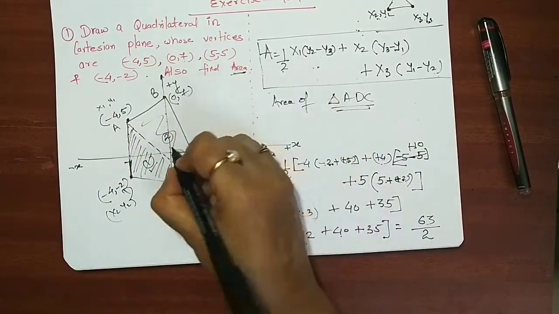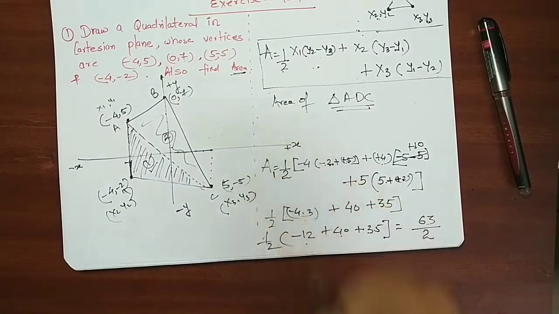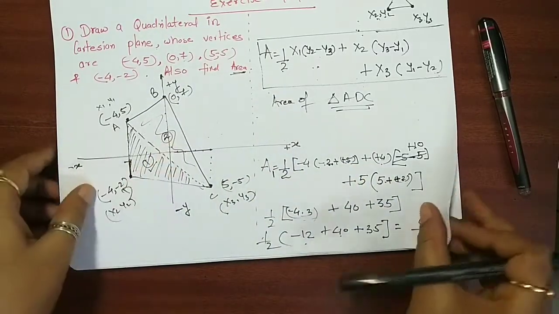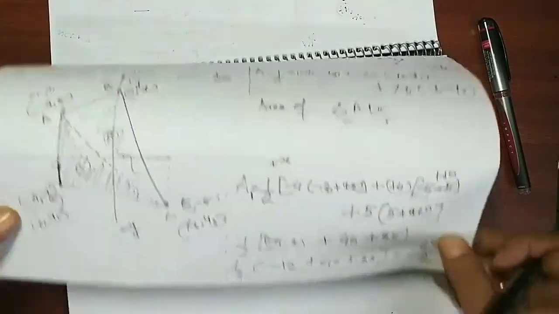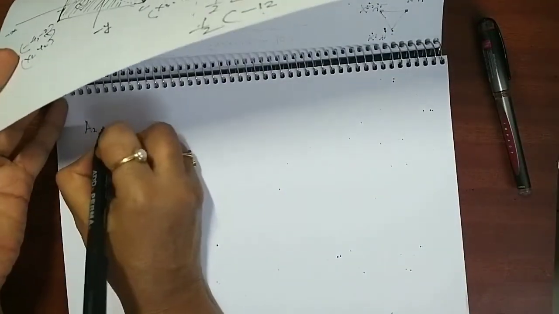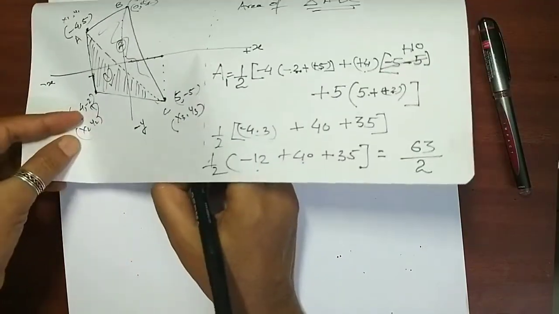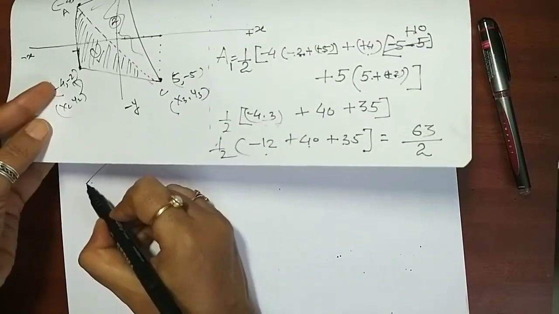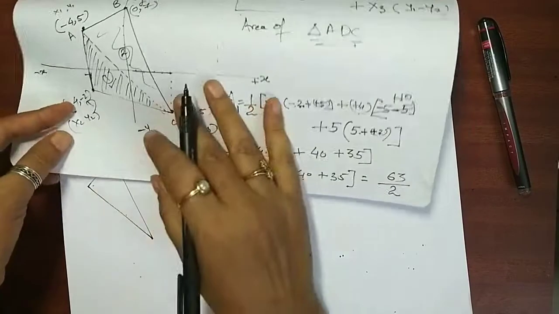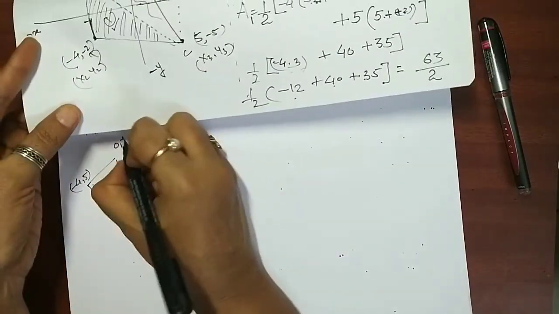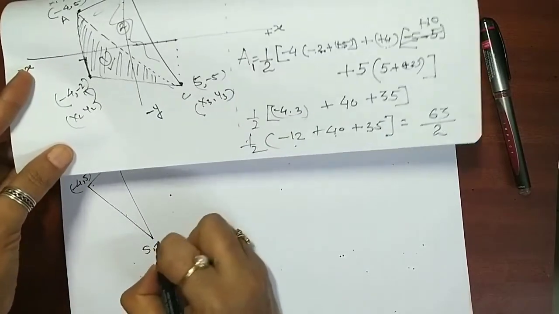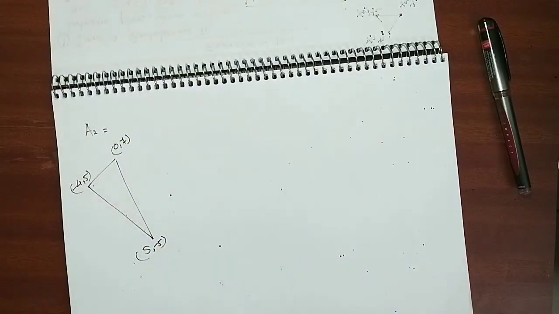I'm calling it A1. Now let me do the area for part 2. In order to avoid confusion, let me draw it here. I am taking minus 4, 5, this is 0 comma 7, and this is 5 comma minus 5.